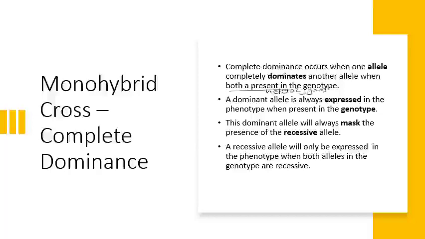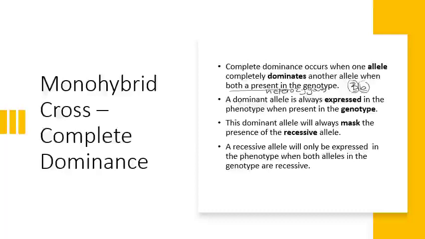So, for instance, brown hair and blonde hair. Both alleles exist, and complete dominance occurs when one allele completely dominates another. You won't visually see the blonde, you'll only visually see the brown in an individual.